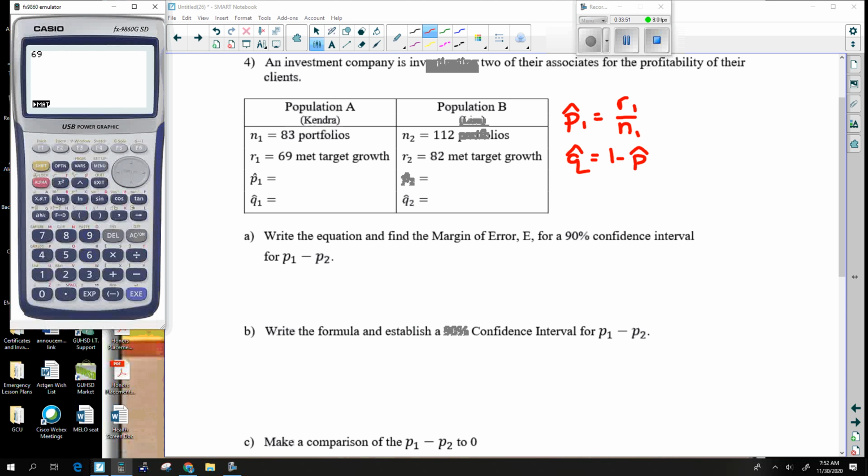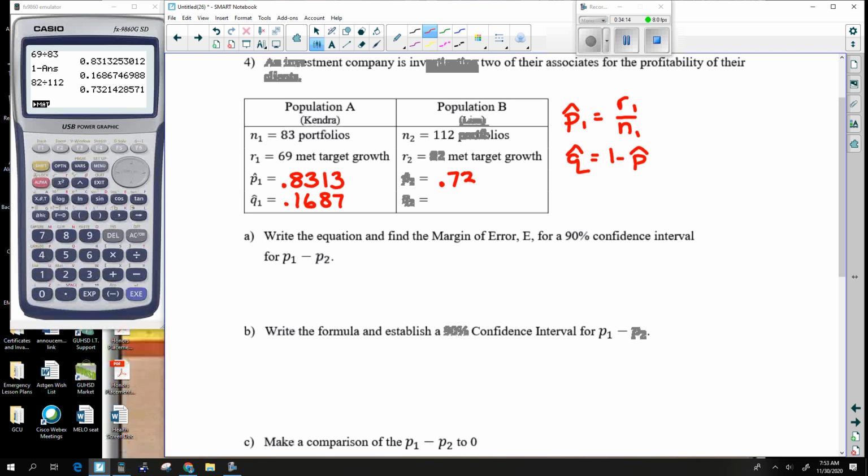So r1 divided by n1, then 1 minus that. And then we do this for 2. And 1 minus that.